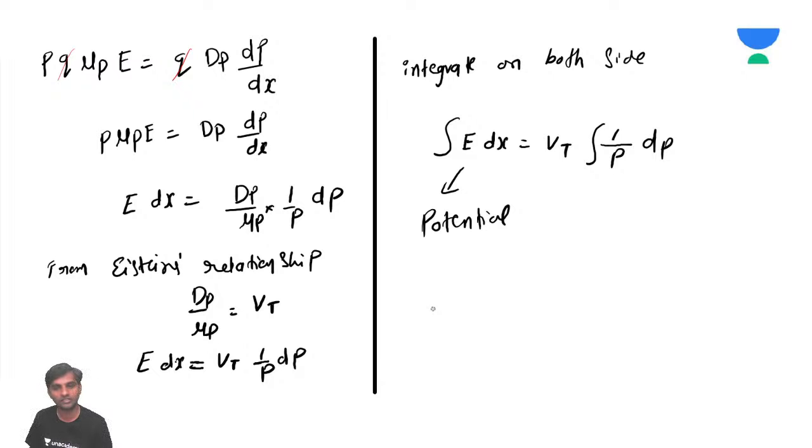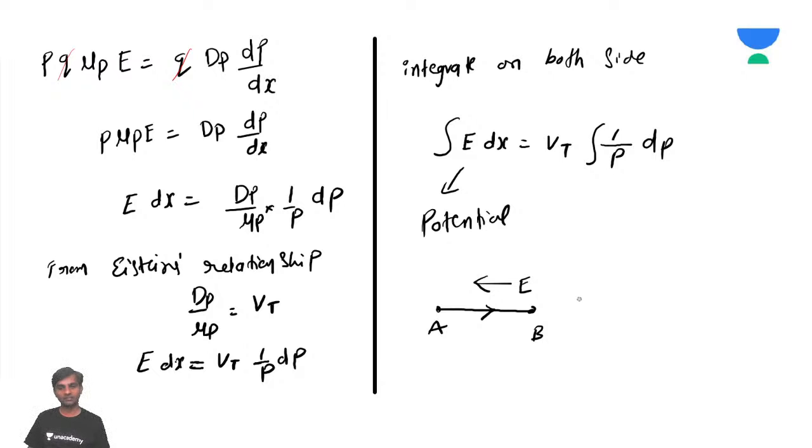Let's say you have a point A here and a point B here. You're trying to move a charge carrier from A to B against the electric field. The work done to move it against the electric field is nothing but potential.